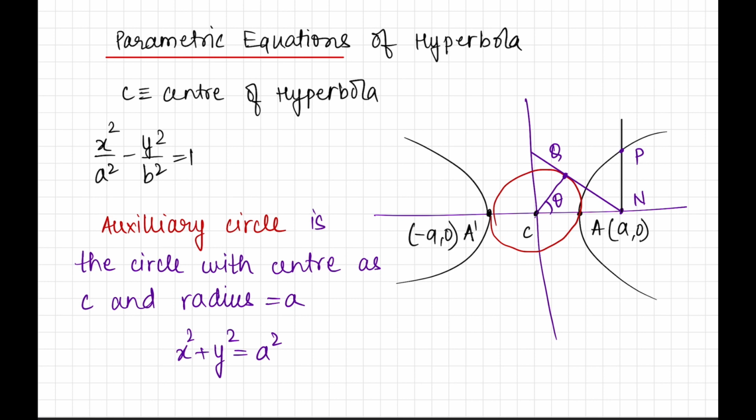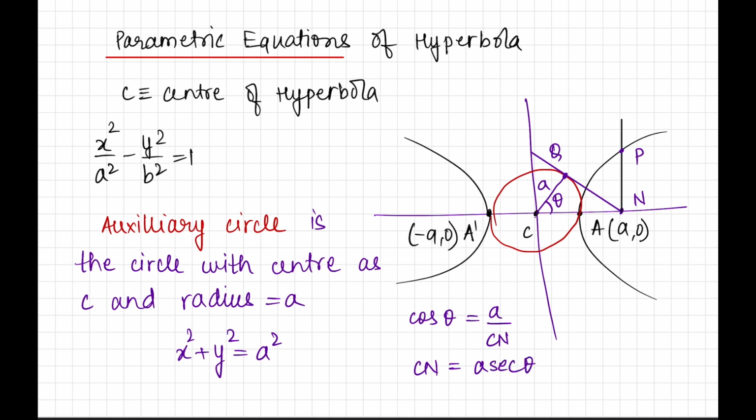So look at triangle CQN. This distance here is a. If we want to find the length CN, we can write cos theta equals a upon CN, and CN equals a by cos theta, and that is equal to a sec theta.